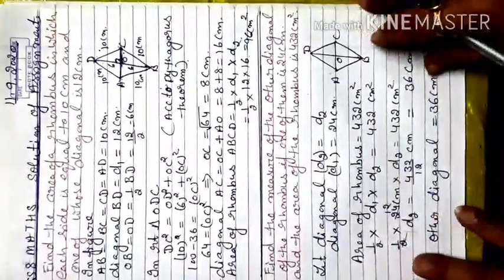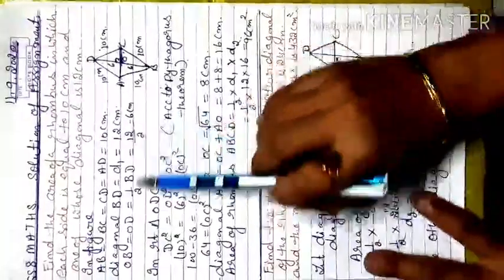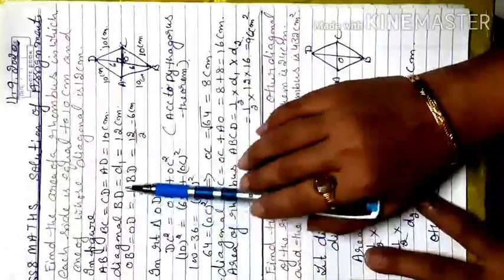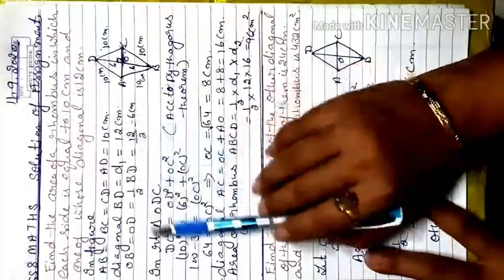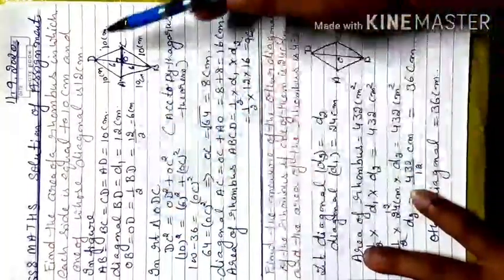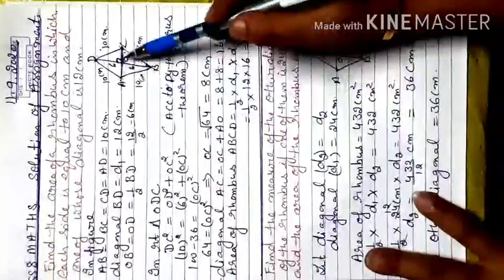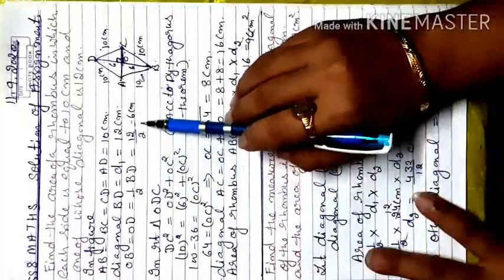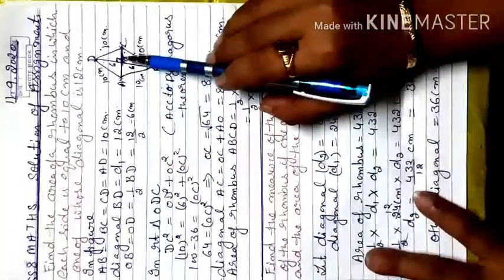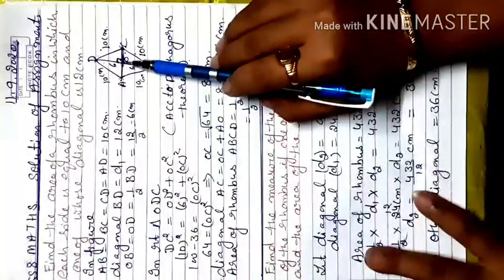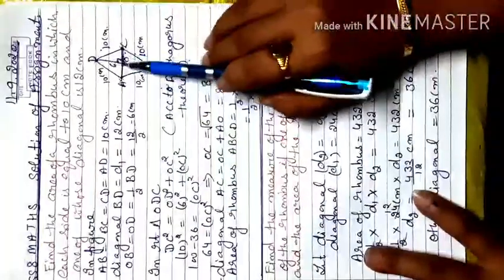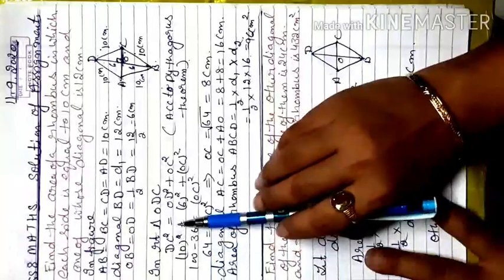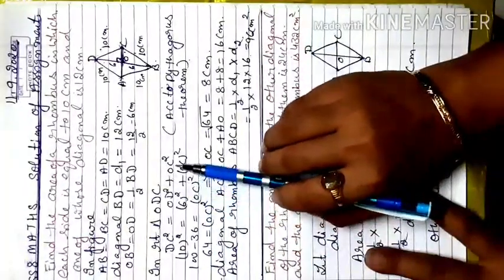So here you are given AB, BC, CD, AD equal to 10 centimeter. Diagonal BD, D1, is 12 centimeter, and OB is equal to OD, because this diagonal divides BD into two equal parts, that is half of BD, which is 6 centimeter. So that is the length of OD. Now in the right angle triangle ODC, DC is 10, hypotenuse squared is equal to perpendicular squared plus base squared.